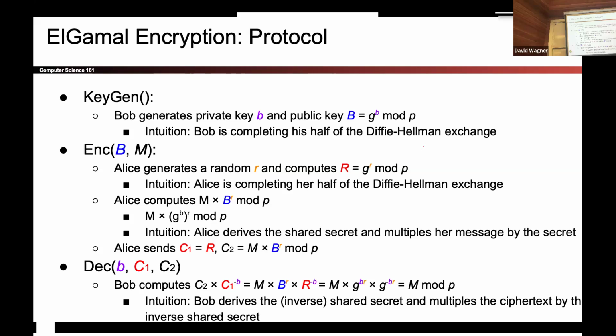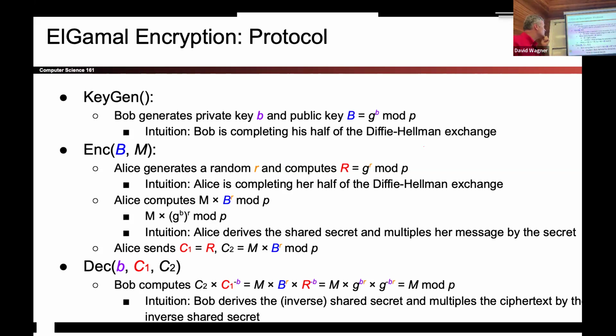So El Gamal encryption now is this big beast of a thing. But don't get overwhelmed. It's not so scary as it looks. What happens is Alice and Bob do a Diffie-Hellman key exchange. The result of the key exchange is they end up with g to the ab mod P, the same value.